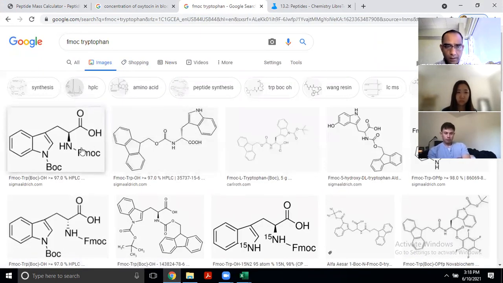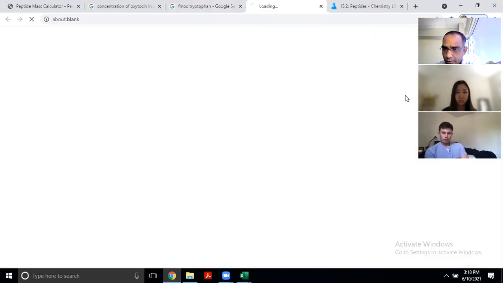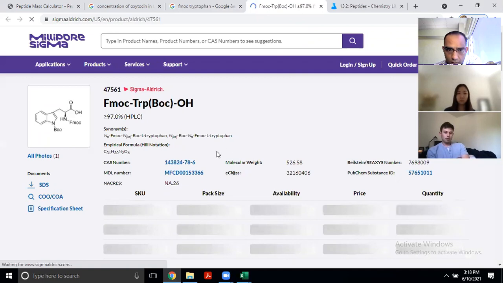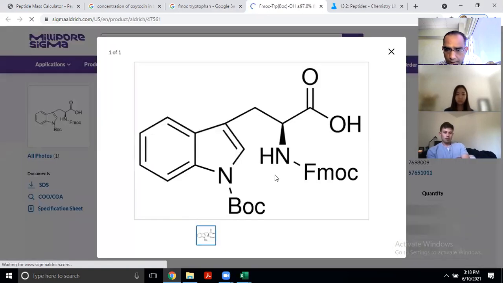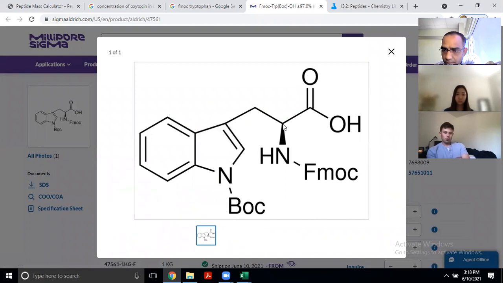You see, this is what? Alpha carbon, right? And what is this?